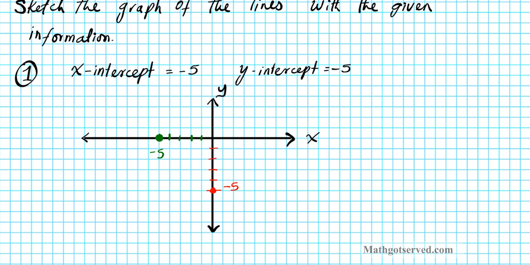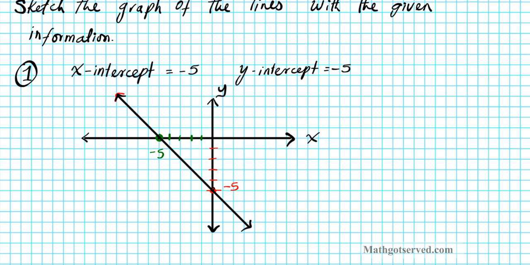So let's go ahead and graph the line. So you can see the whole definition of interception being reflected by this line. You see how the line intercepts the axis at the intercepts. Okay, so the x-intercept is -5, as you can see here, and the y-intercept is -5 also, as indicated here.